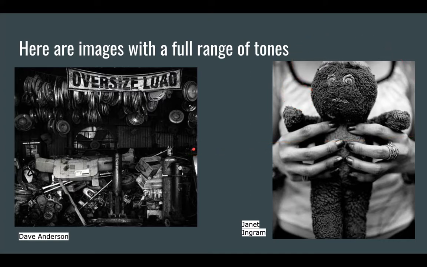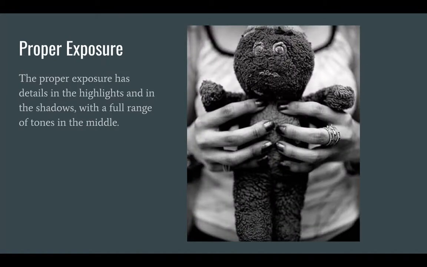These two photos are good examples of images that have good value or even a good exposure, which is the first question that we're going to talk about right now. So, exposure, what is exposure? Exposure is how an image is made in terms of light.